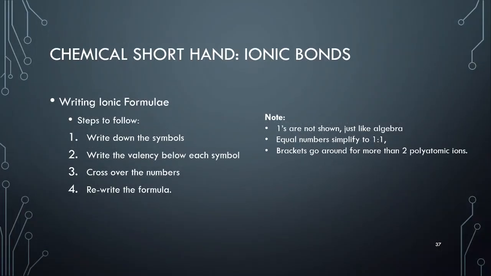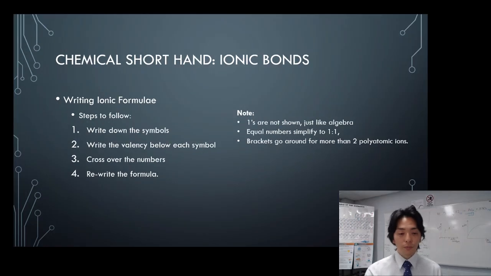Make sure that the ones are not shown. Just like algebra, you will never write 1x or 1y. Equal numbers need to be simplified to 1 to 1. If there was a 2 to 2 ratio, you need to simplify to 1 to 1. Brackets go around more than one polyatomic ion. If you're only using one, you don't have to use brackets at all.